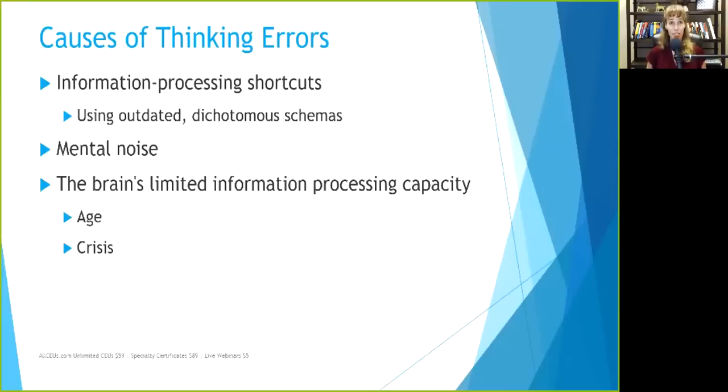But then there are other times where you just can't keep it all in your head and you've got to put it on a whiteboard. Or maybe that's just me. We want clients to understand that they are not broken, they are not faulty. They're doing the best they can with the tools they have and the knowledge they have. And our job is to help them see where some of this might have gone a little awry.